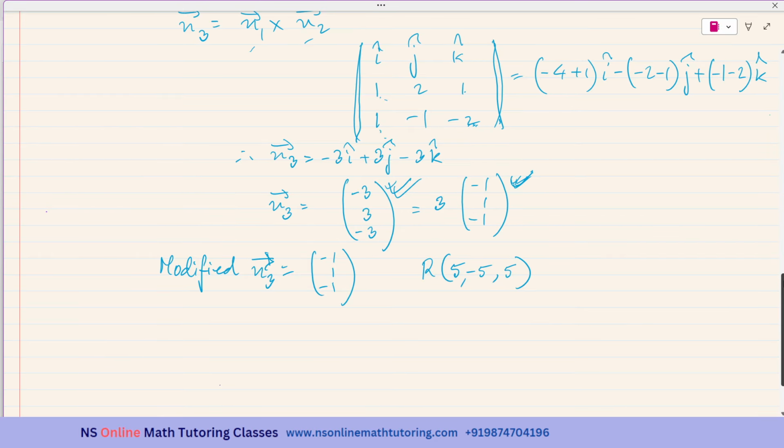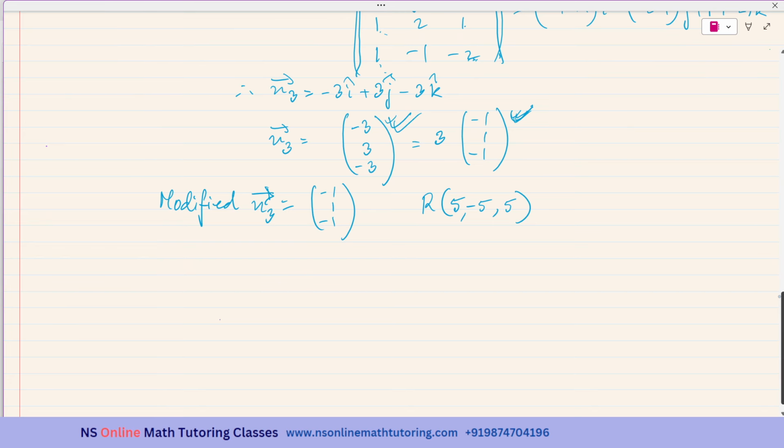Now we can write the vector equation of the plane pi 3, rather the Cartesian equation. So pi 3 will be n3 dot r, which will be equal to n3 dot the position vector of this point R. Position vector is 5, minus 5 and 5.